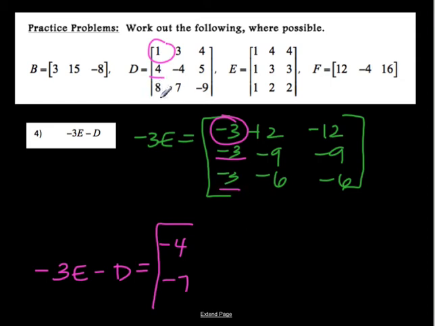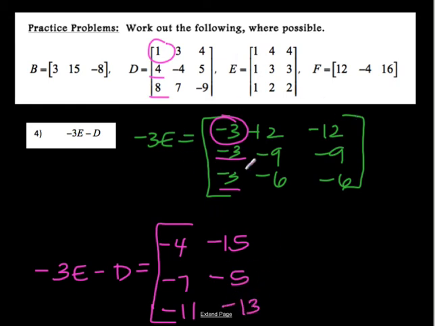Negative 3 minus 8, okay, is going to give me negative 11. Moving on to my next column. Negative 12 minus 3 will give me negative 15. Negative 9 minus a negative 4, so it's really negative 9 plus 4 will give me negative 5. Negative 16 minus 7 will give me negative 13.